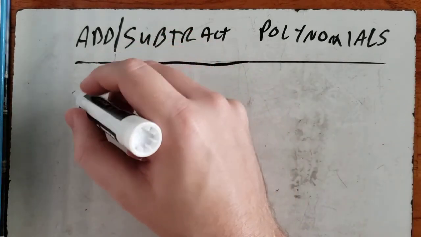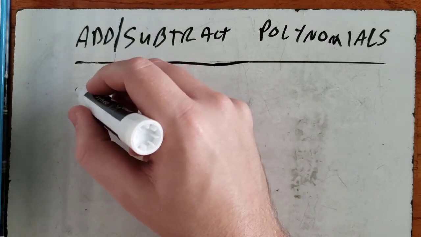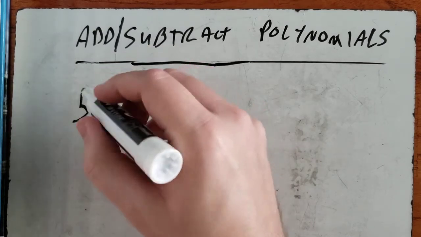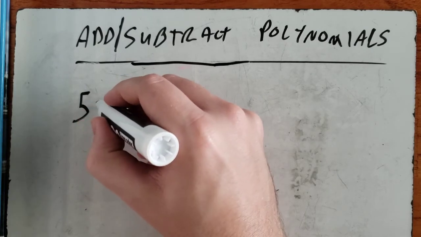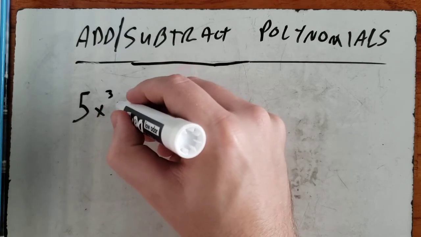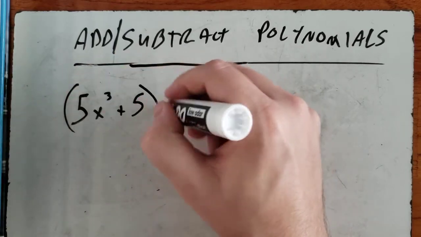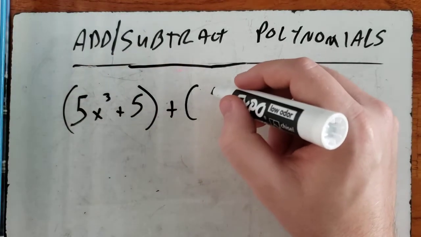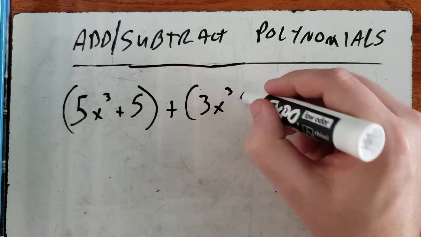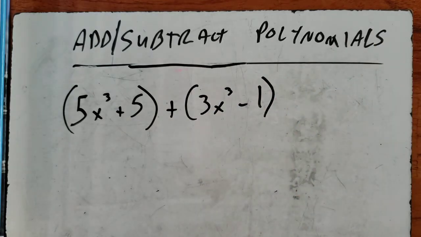Let's do 5x to the third plus 5, plus 3x to the third minus 1.